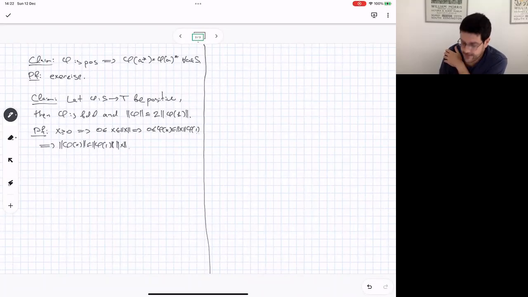Now, if x1 and x2 are positive, then obviously x1 minus x2 has to be less than the norm of x1 and greater than minus the norm of x2.